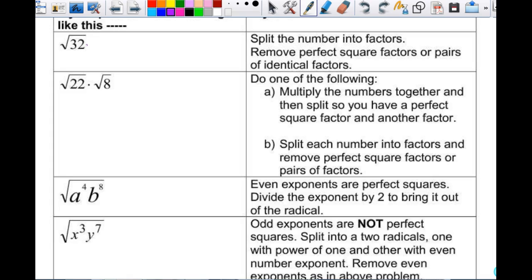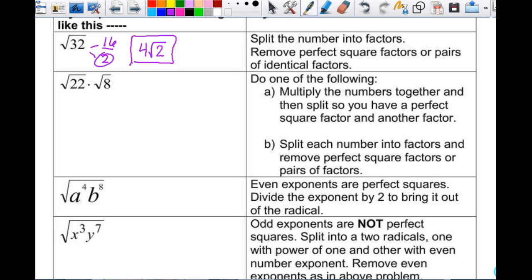But even if you started with 4, you could do the tree and figure it all out. But this is 16 times 2, right? That's my prime number. This is a perfect square. I take the square root of that, and it's 4. 2 stays underneath. Square root of 2. Okay. Everybody okay with that? And if you need to, the tree stuff is on the other page if you needed that.